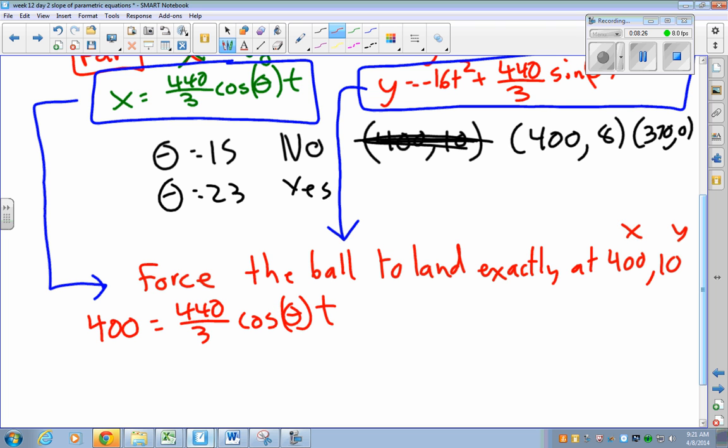And I'm going to say 10, that's my y, is negative 16t squared plus 440 over 3 sine theta t plus 3. How many equations do I have? 2. How many unknowns do I have? 2. Is that solvable? Okay?